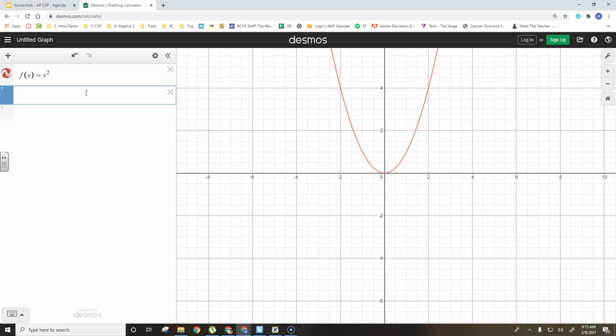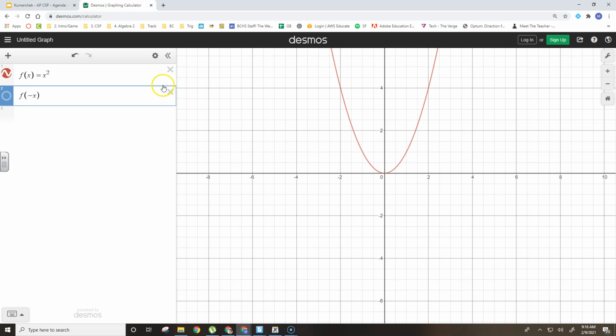Now, if I did a reflection over the y-axis, it would look like this. It would be f of negative x. And if you look at that, it does reflect over the y-axis, but this is an even function. So therefore, it's the same graph.